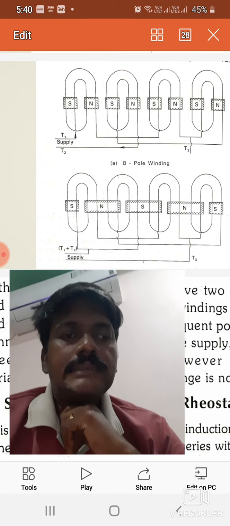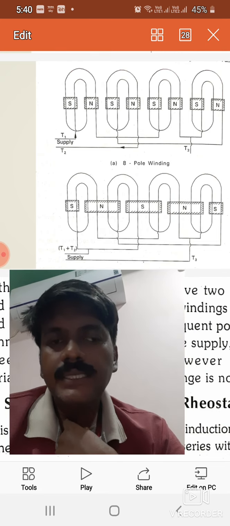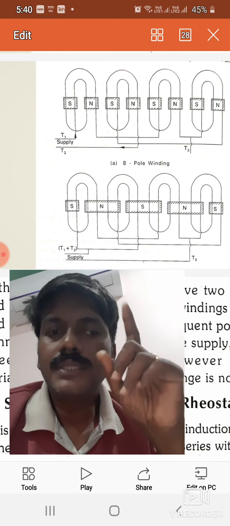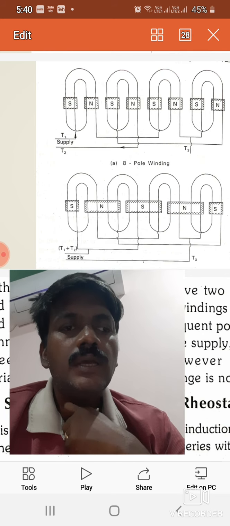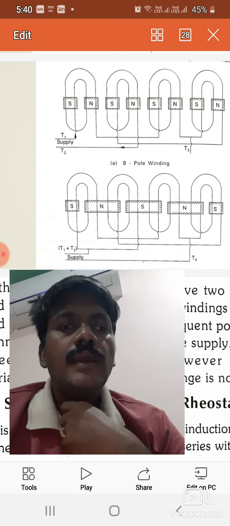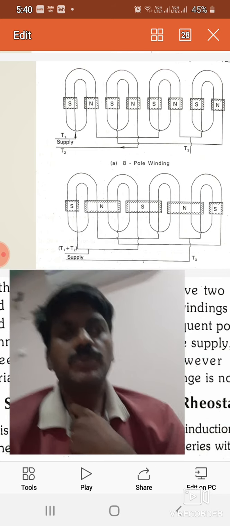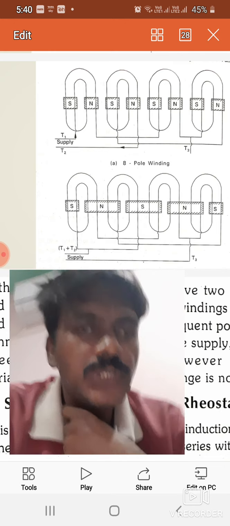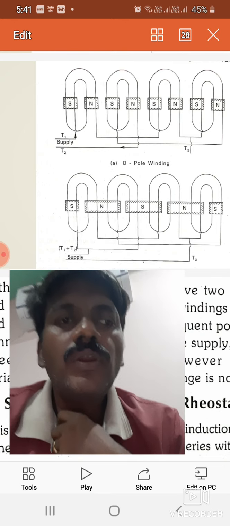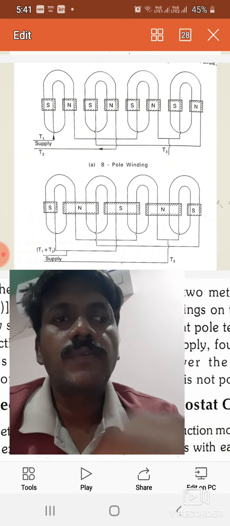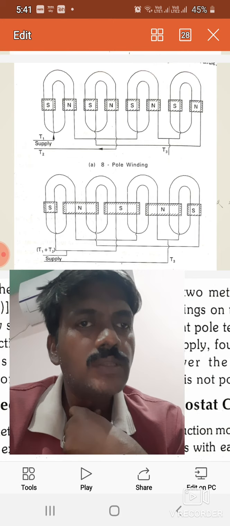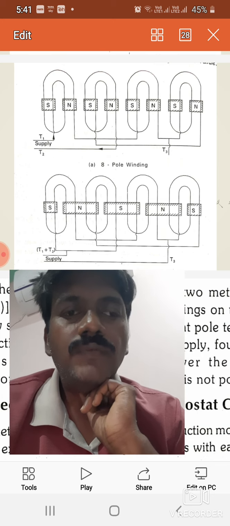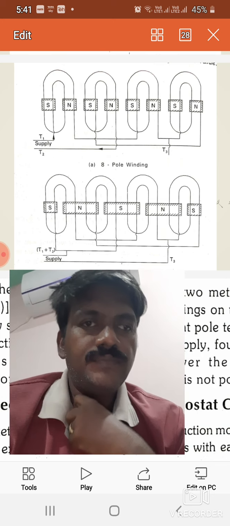Here the third terminal T3 is a single terminal left open, and supply is given only to T1 and T2. By giving a supply to T1 and T2, what happens? You can observe we have a sequence of south and north poles, that means we get an 8-pole machine.